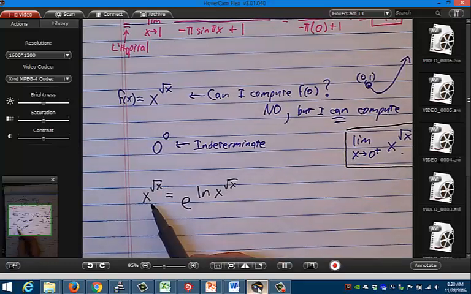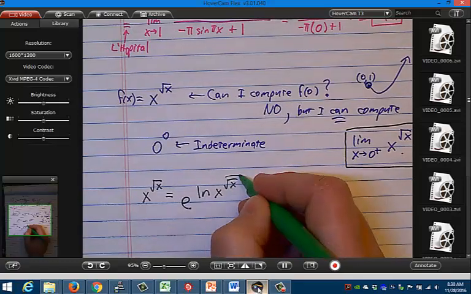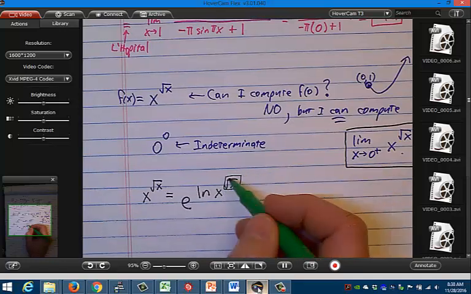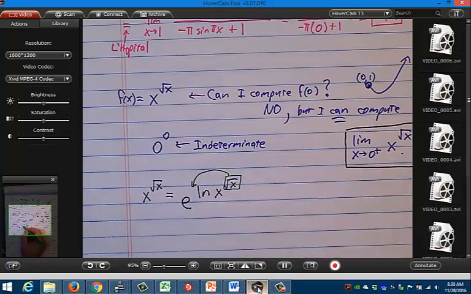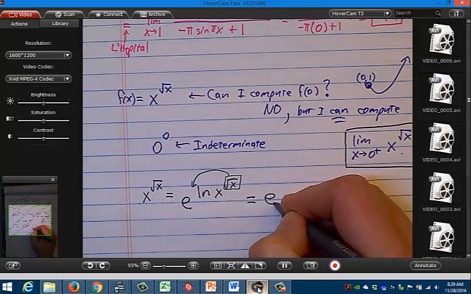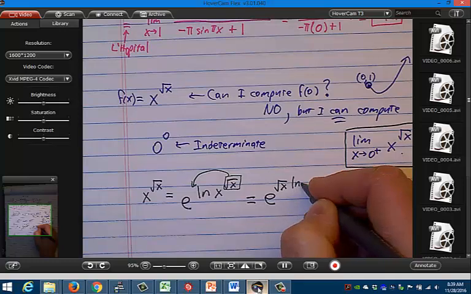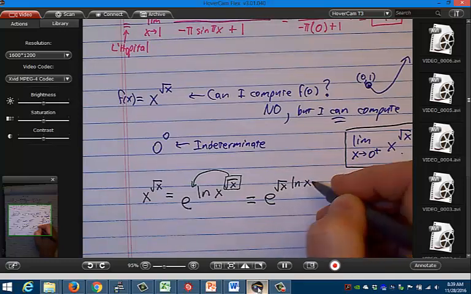So another way to write x to the square root of x is e to the natural log of x to the square root of x power. Now why would I do that? Because now I can bring the square root of x down here. Does this make sense? So now I have e to the square root of x times the natural log of x.